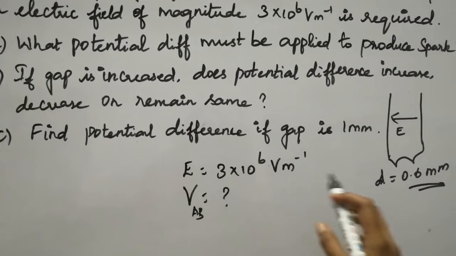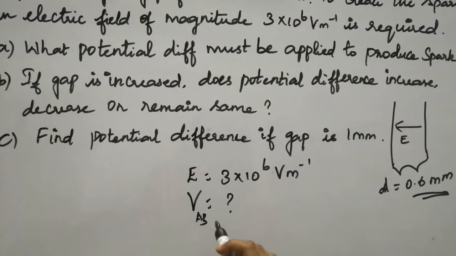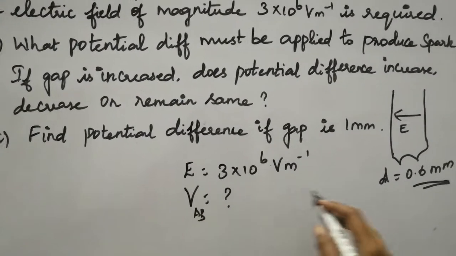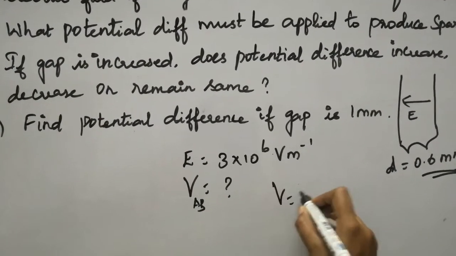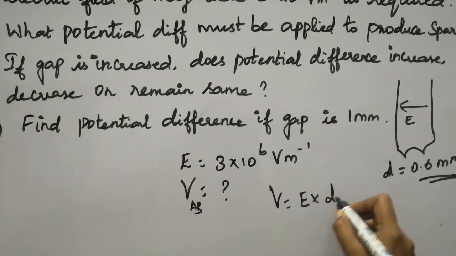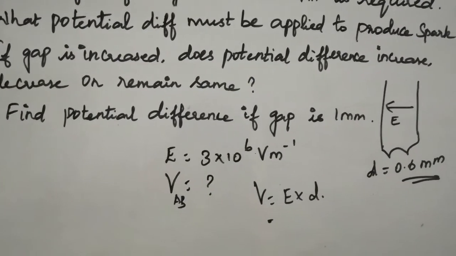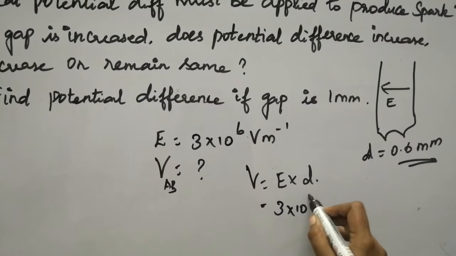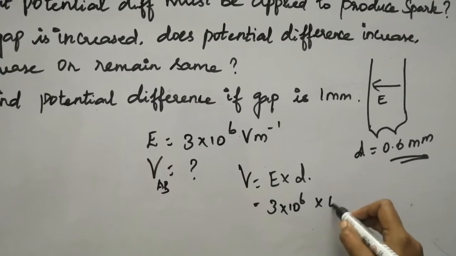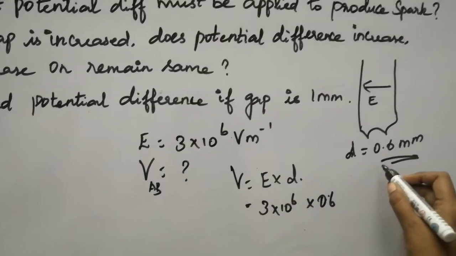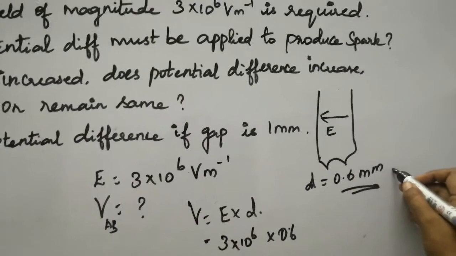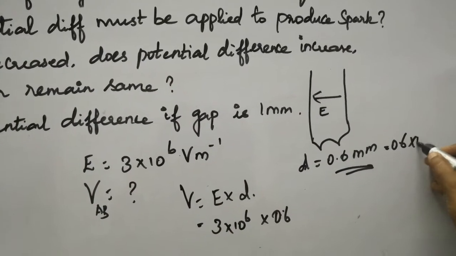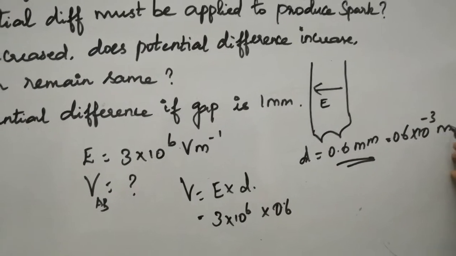You have the E value, the D value, you have to find V. The equation relating all these three terms is V is equal to E into D. So it is a direct simple substitution. The E value is 3 into 10 to the power 6 and the D value is 0.6 millimeter, so you convert this into meters.